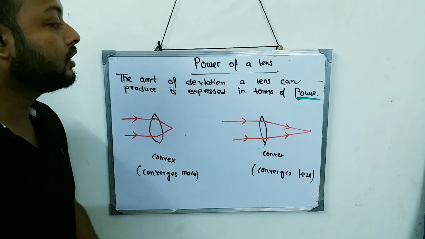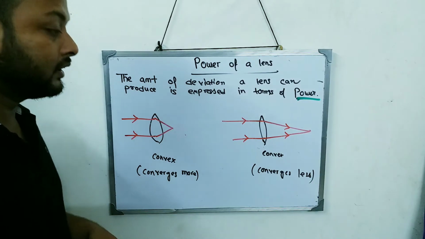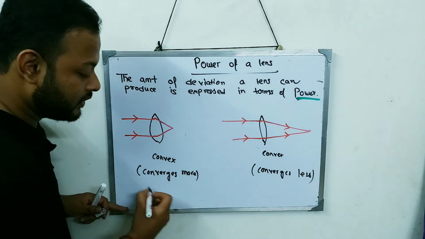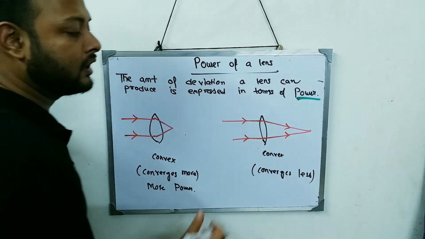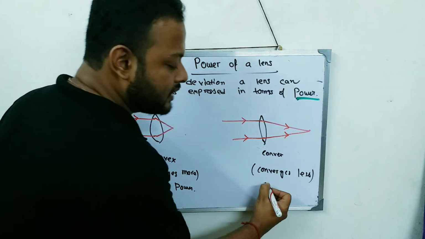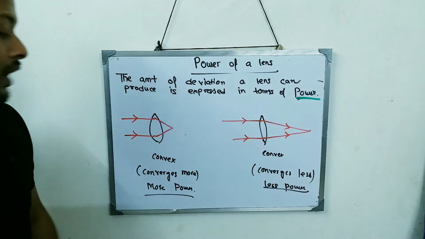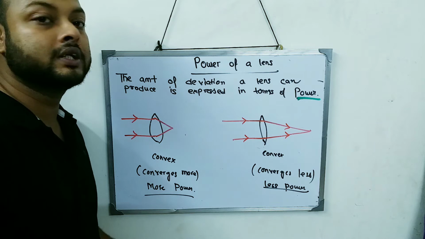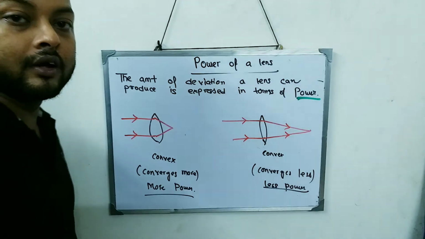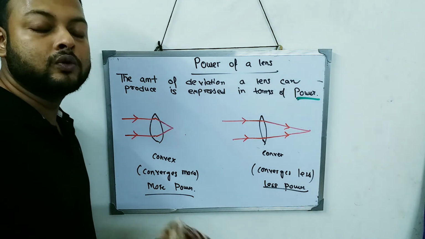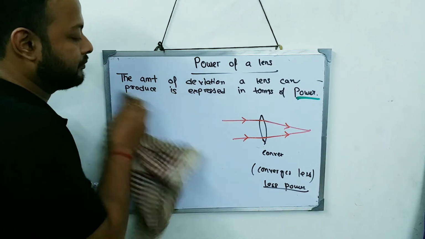So the lens which can deviate more, it converges more, that has more power. And the lens which can converge less has less power. Clear? So now my question is, which lens can converge the rays more and which lens can converge the rays less? To answer that, we need to understand some basics of it.